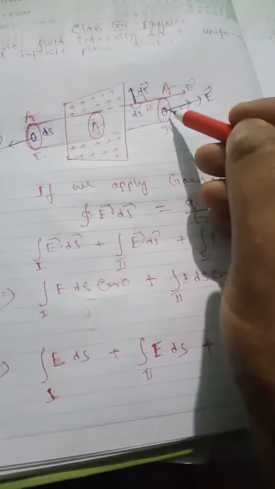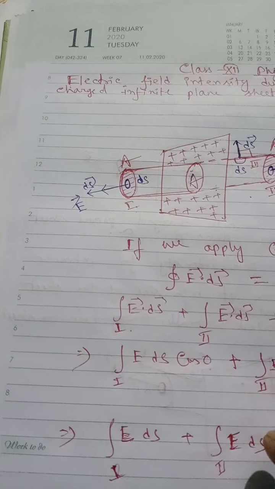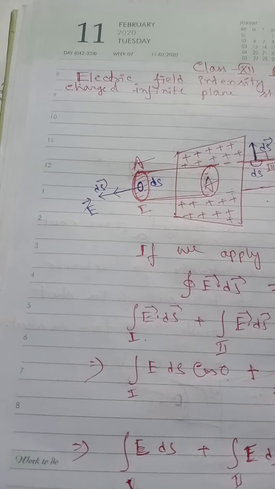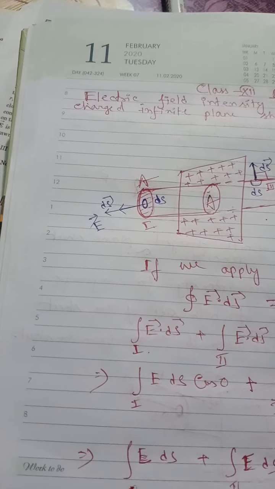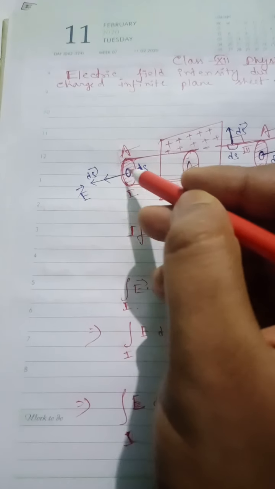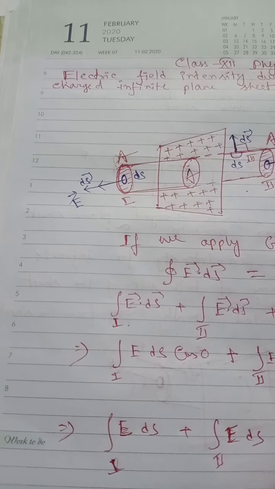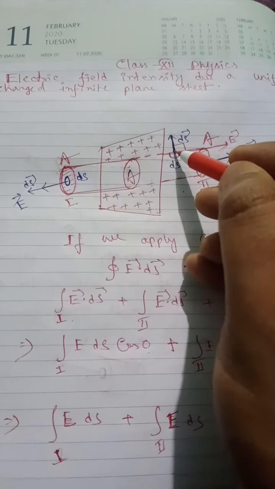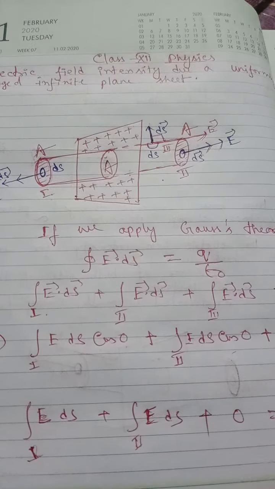So for region 1, E and ds both are along the same direction, because we discussed at first that the electric field intensity for the plane sheet is normally outward from the sheet, and the area vector is also normally outward. So that is along the same direction. E and ds both are along the same direction for regions 1 and 2, but for region 3, this ds and this electric field intensity are mutually perpendicular to each other.